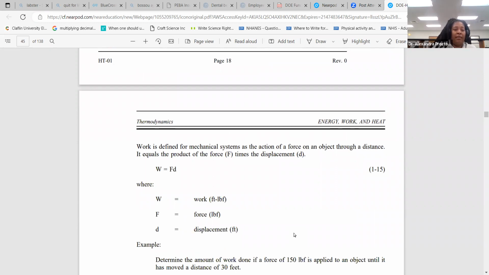Work is defined for mechanical systems as the action of a force on an object through a distance, and it equals force times displacement. Through a distance, we call it displacement.